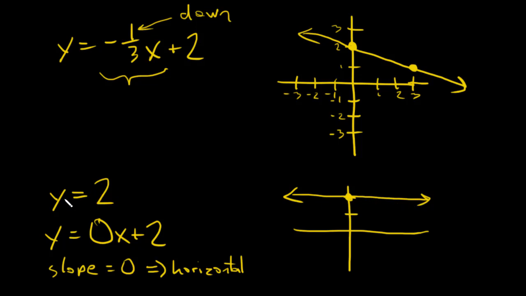And that's what we have right over here. So if you don't want to think of it as having a 0 slope, just think of it as when it says y is equal to 2, it means a line where the y value is always 2. The only type of line that can be is a flat line at y equals 2.